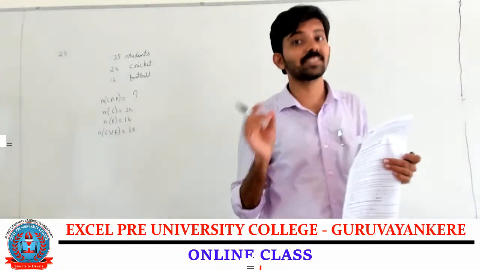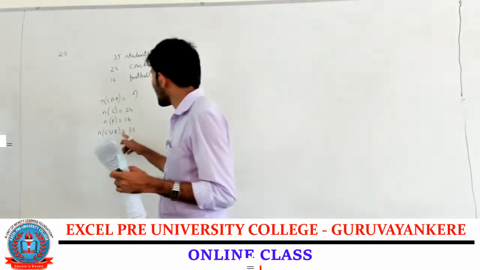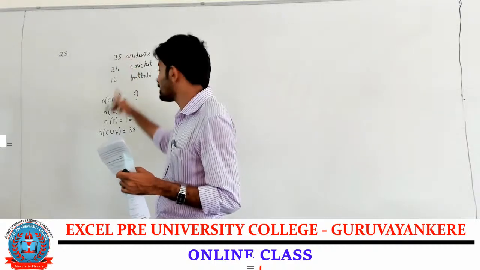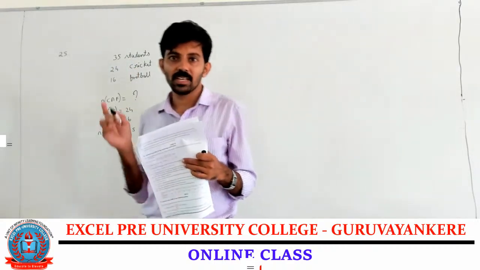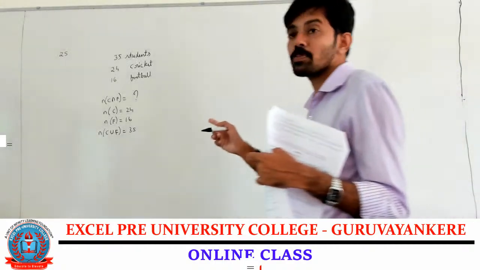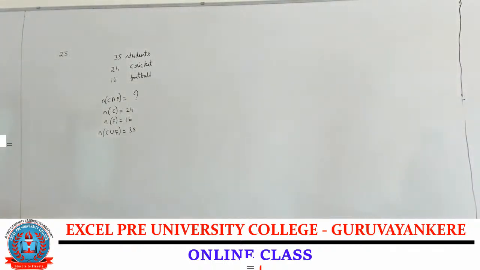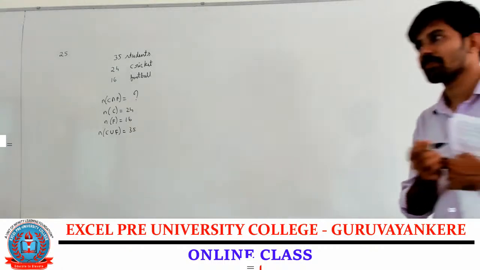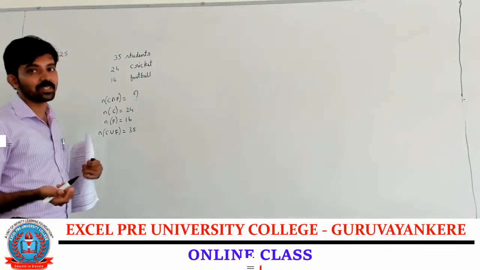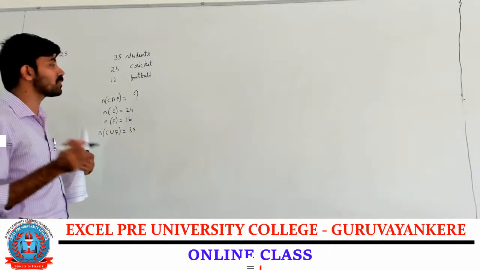If there exists at least one student who plays neither of the games, then this cannot be the same as N of U. N of U is 35, the same as N of C union F. The number of students in the universal set is the same as the number of students who like to play either cricket or football, because out of 35 students, no student is left who plays neither cricket nor football. All the students will play at least one of the two games.